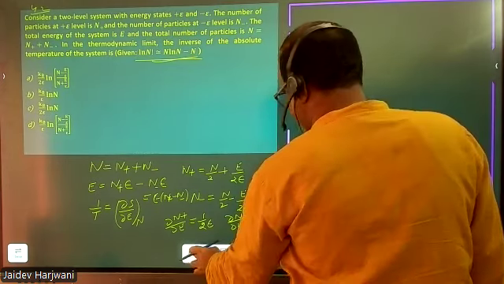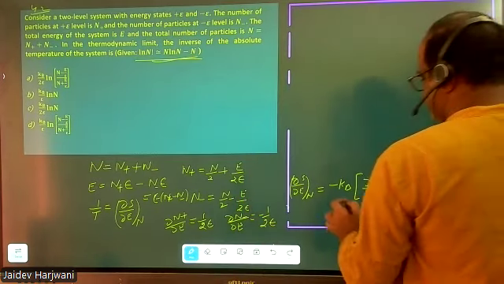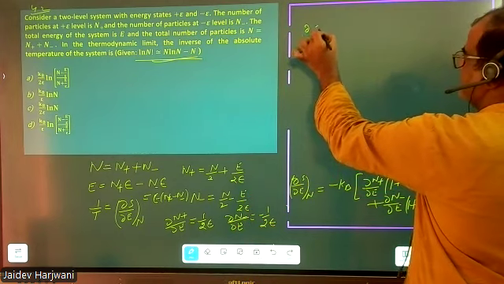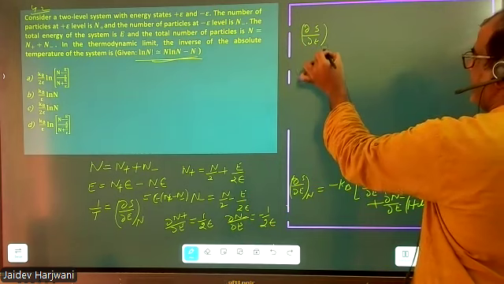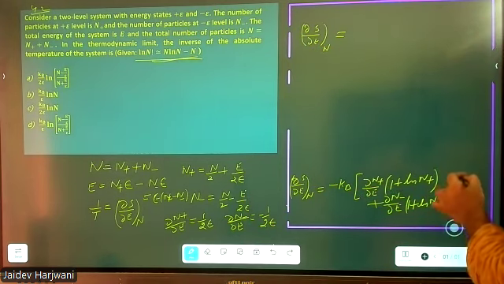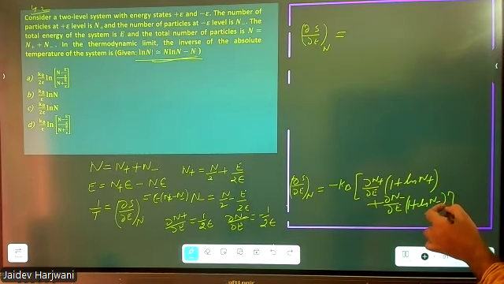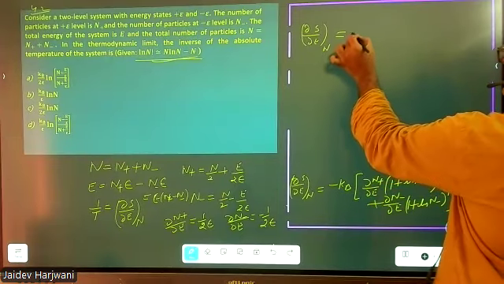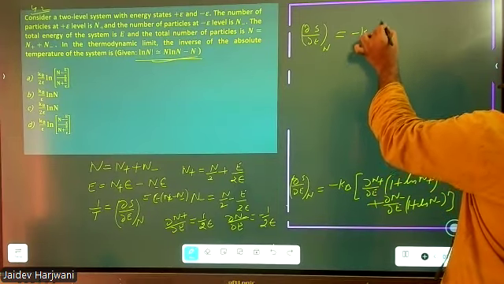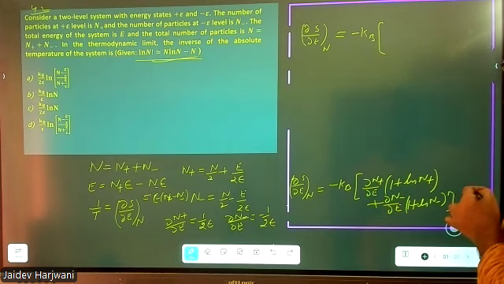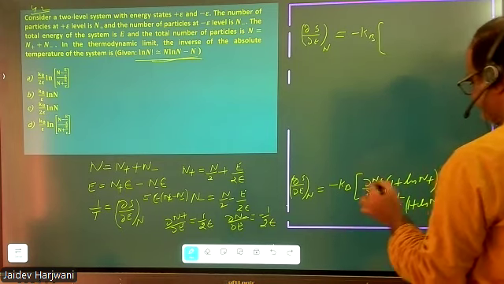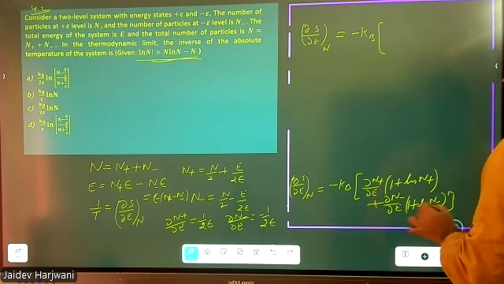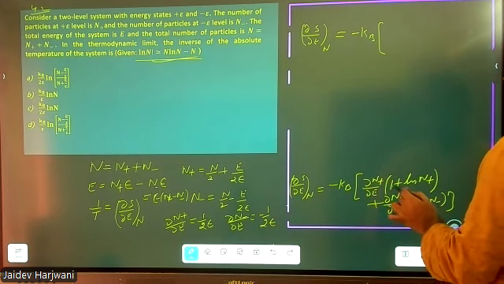So now I can write here this one, del S upon del E, by N. So this gives me minus KB, okay, and now this is 1 upon 2E. So 1 upon 2E, and this is minus 1 upon 2E, so this will be cancelled out.